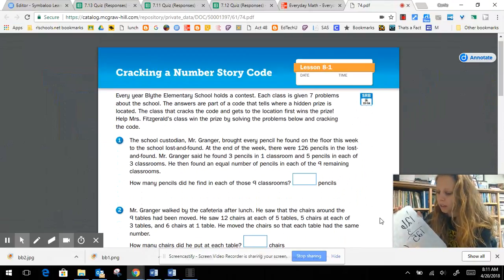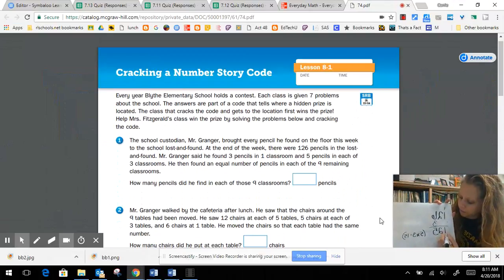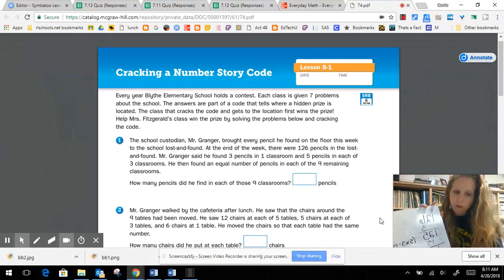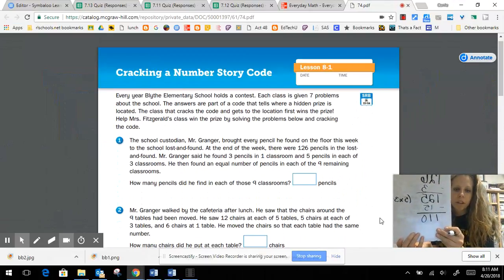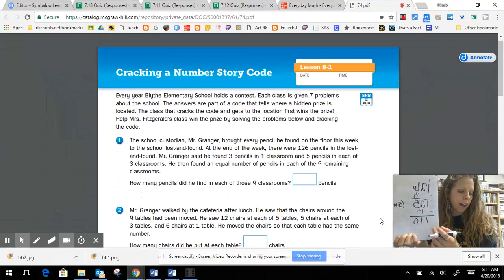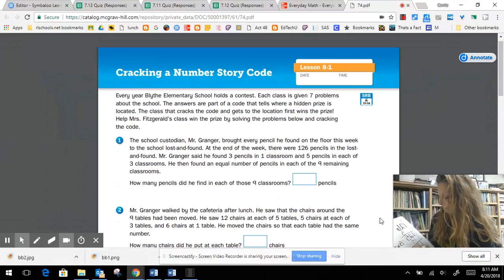So now I'm thinking 5 times 3 classrooms equals 15. So I'm going to subtract another 15, which will give me 110. Now it says he found an equal number of pencils in each of the 9 remaining rooms. So I need to divide 110 by 9.